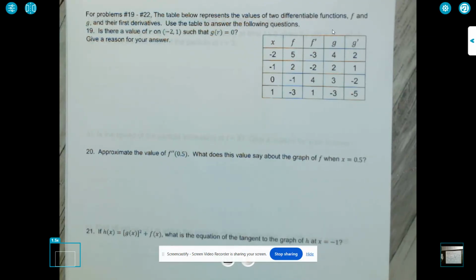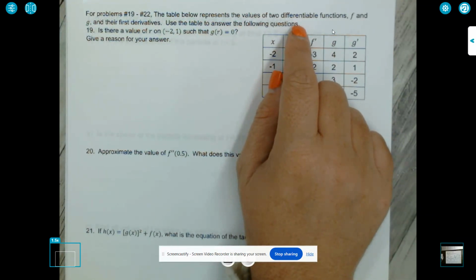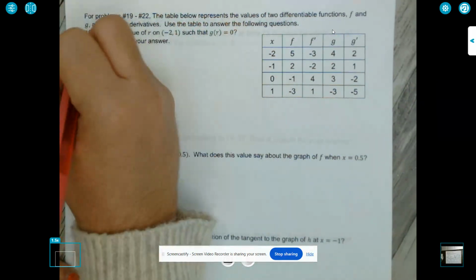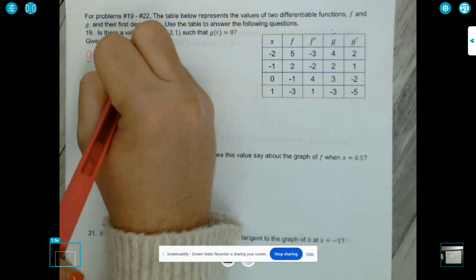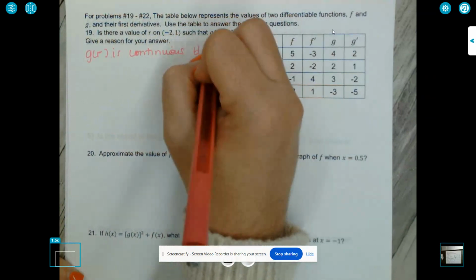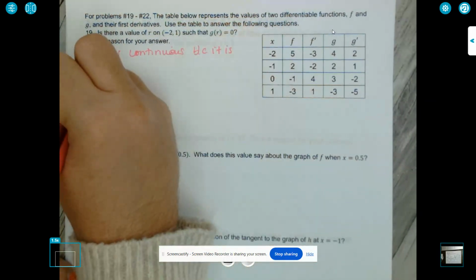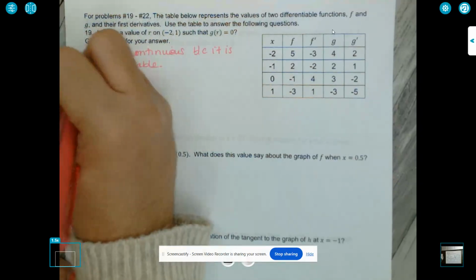Number 19, is there a value of r on the interval -2 to 1, such that g of r equals 0? Okay, so g of r is continuous because it is differentiable, okay, because it says they're differentiable right here. So let's see what we've got. So g is continuous because it is differentiable. We are going to establish that, okay?